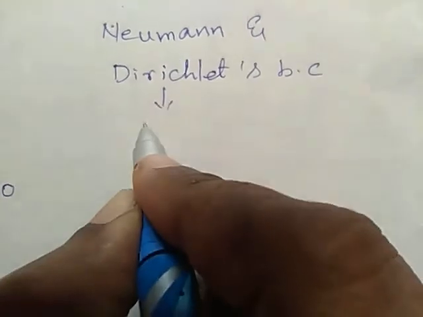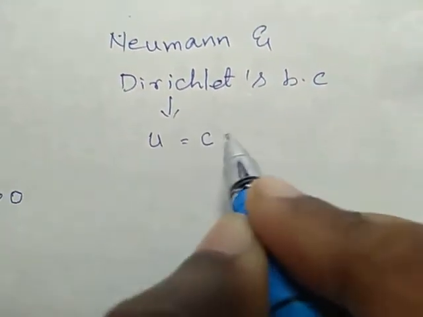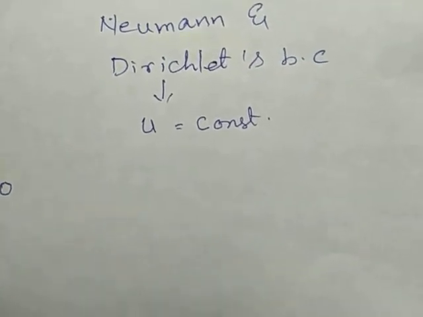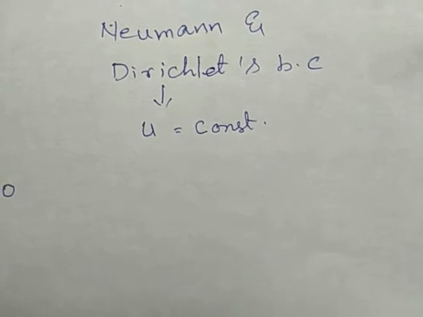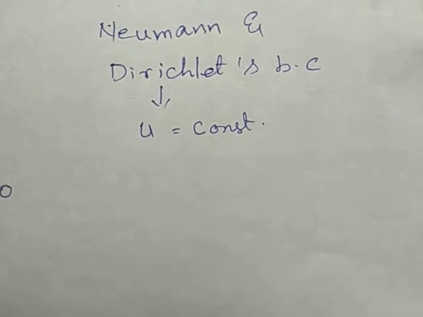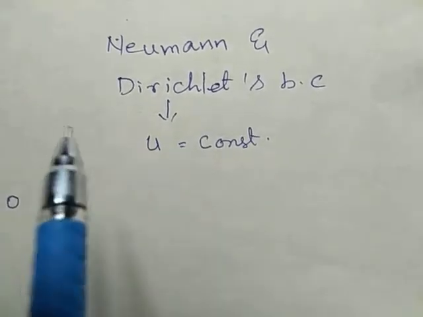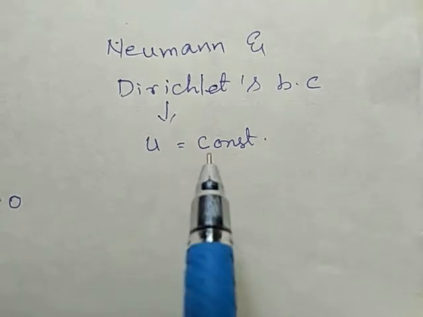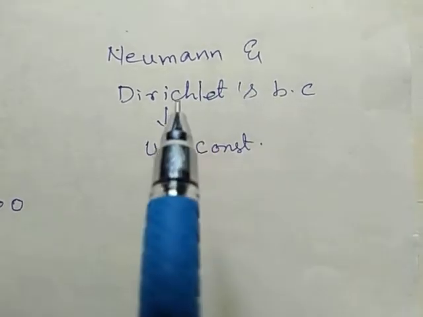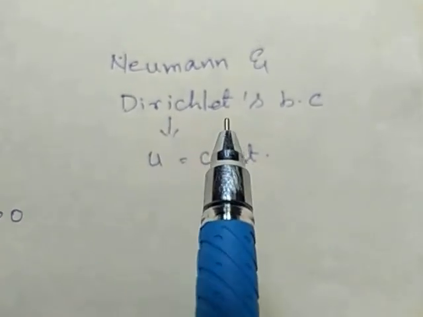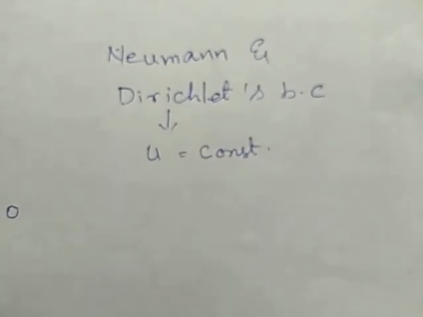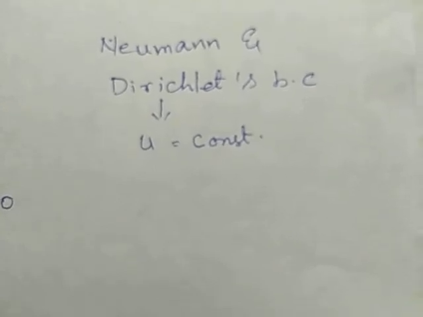If we take u as constant at the boundary, such a type of boundary condition we call Dirichlet's boundary condition. Whatever examples we have seen before come under Dirichlet's boundary condition. If we define fluid velocity as constant at the boundary, we call it Dirichlet's boundary condition.